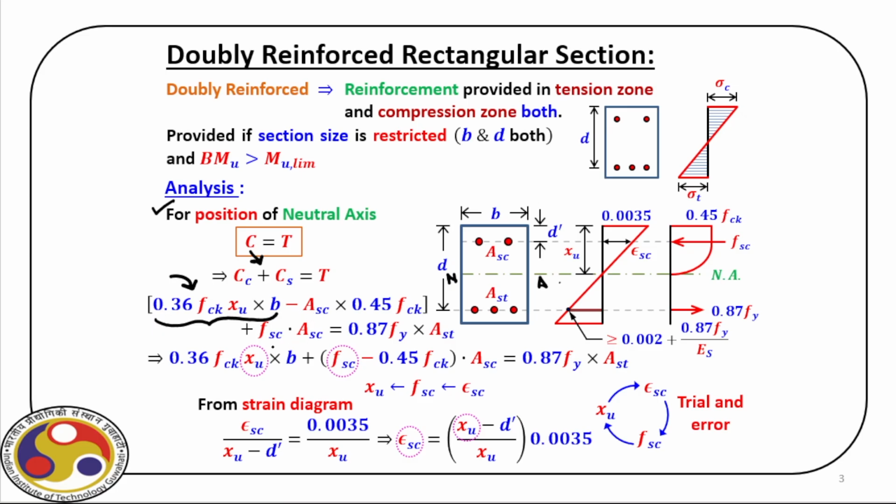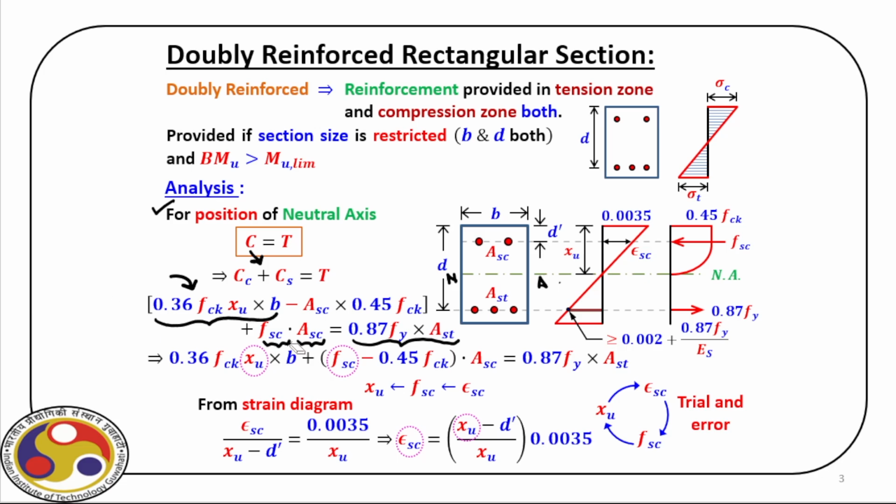Then what we do? We add the compressive force on this compression steel, and that is FSC, that is the stress on this reverse, which we will see how to find it out, times ASC, that is the area of the compression steel. Now this is equal to 0.87 Fy times AST, that is the amount of tension in the tensile steel at the bottom.